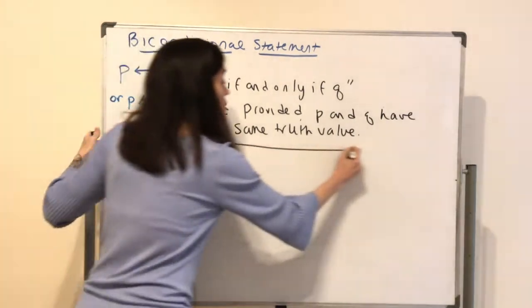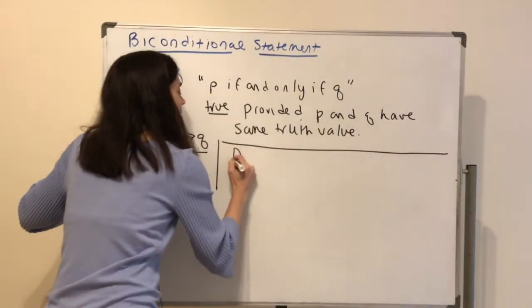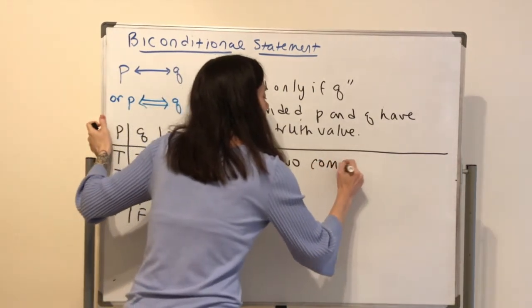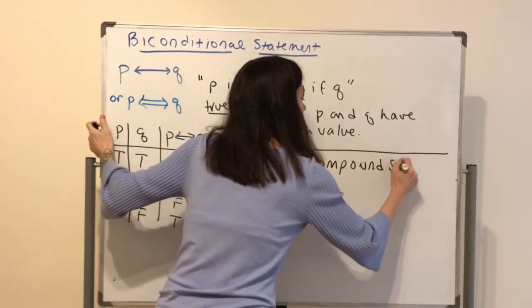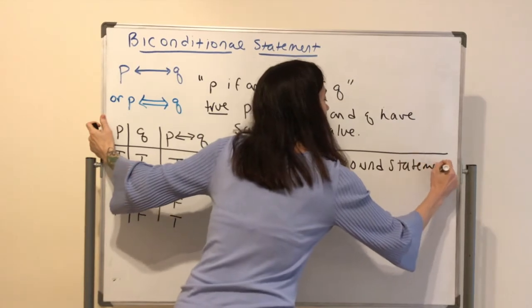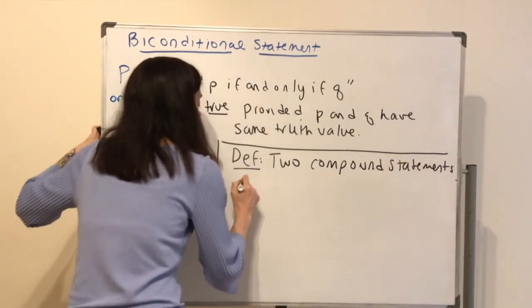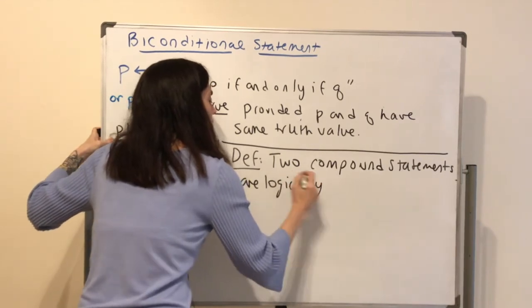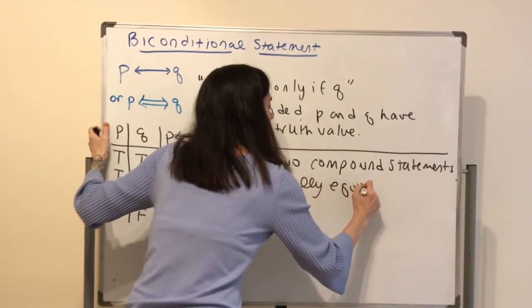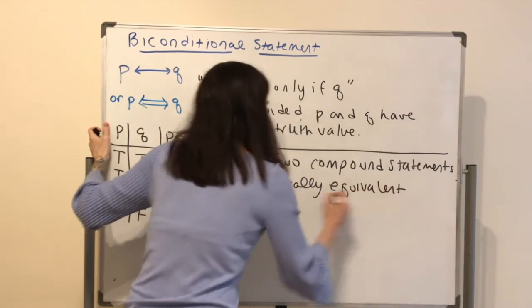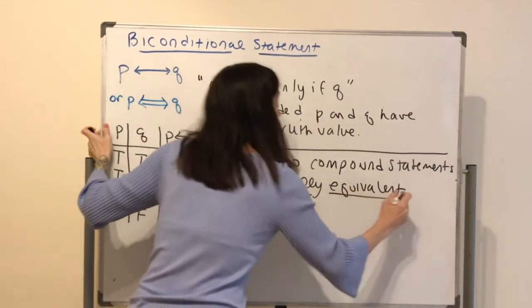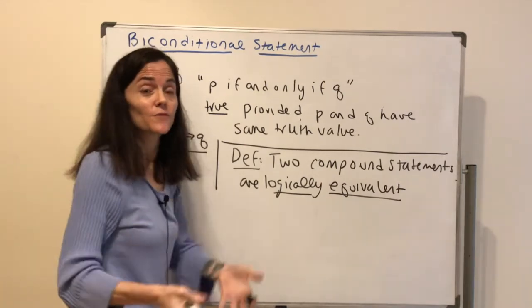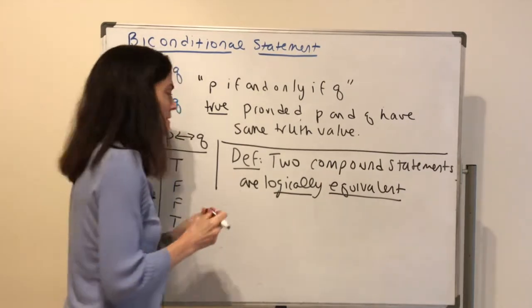This is the general definition: two compound statements are logically equivalent provided they have the same truth value for every possible input.